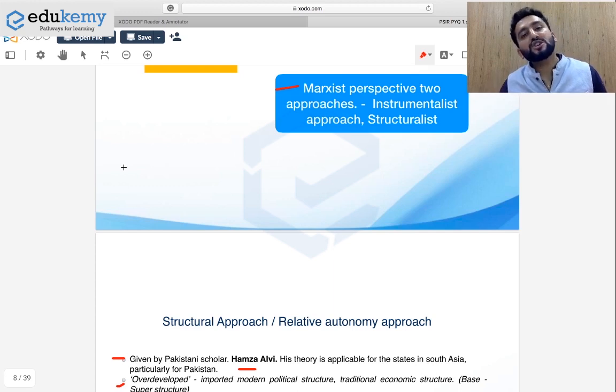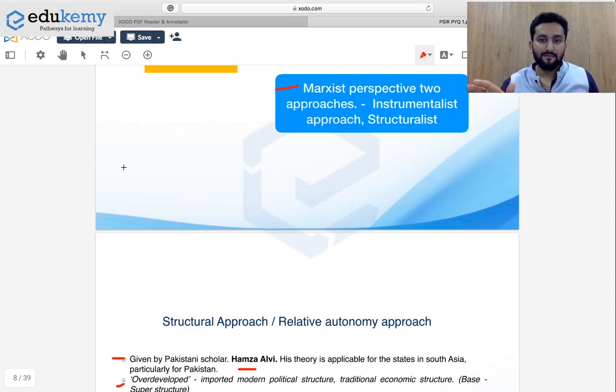So our economic structure was more traditional, and there is a difference between the two. Political institutions became developed because they were imported from modernized nations, those nations who colonized us, right? And our economic structure remained traditional. So there's a gap. That's why this state became overdeveloped, right?